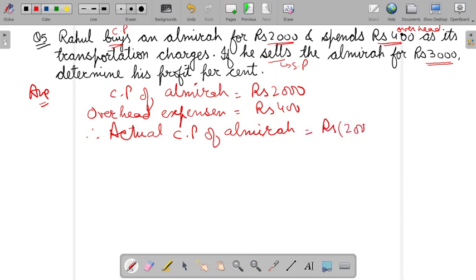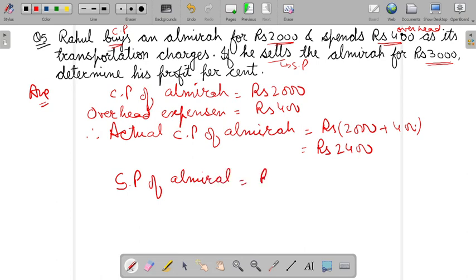So rupees 2000 plus 400. So this will come as rupees 2400. Sells at rupees 3000. So selling price of almirah equals rupees 3000.